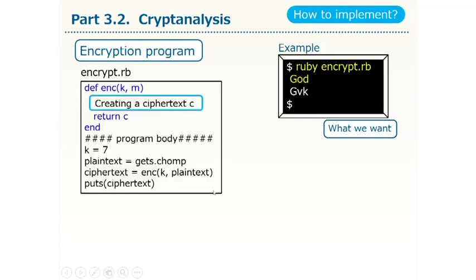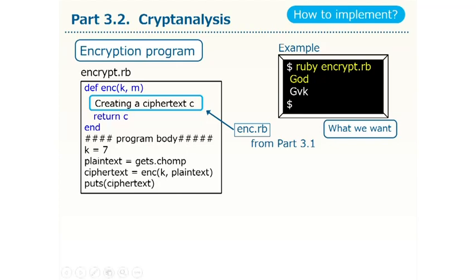Here is the outline of the program. In this program, we first define the encryption function enc as a subroutine. Recall that we created the program enc.rb for doing this task, so we can use this program here. Once subroutine enc is defined, the main program is rather simple. First, we will decide what K is. This is determined between sender A and receiver B in secret and specified in the program.